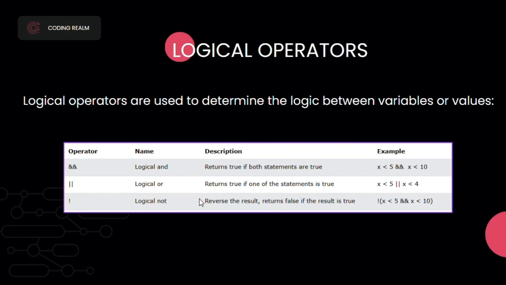For example, not x is less than 5 and x less than 10. I also need to use this logical operator when I make a decision in the if statement. We will see this in the next video later.